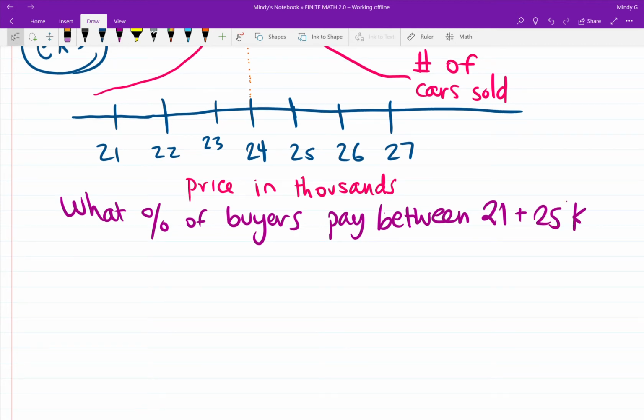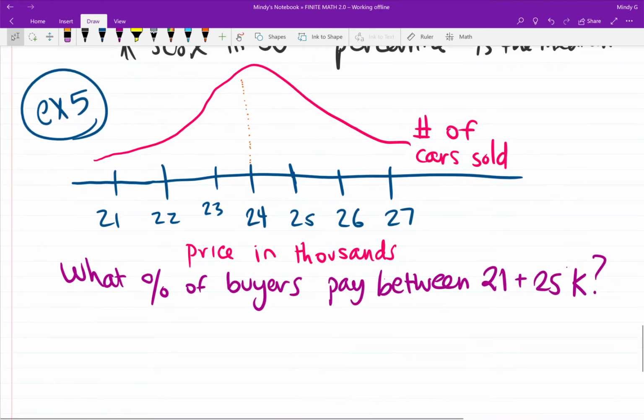Y'all know that K means 1,000, right? Well, if you don't know, you just learned it. Welcome to real life. So when you go out into the real world and you see a K, you'll be like, oh, Miss B told me this. All right, so what percent of buyers pay between 21 and 25,000?